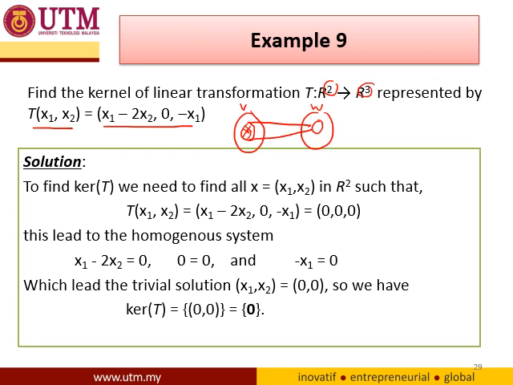Okay, so basically in the W it will be 0. So to find the kernel, you need to write this solution here from the equation that they give to us. This depends on the question. Sometimes they give you different types of equation, so the difficulty will depend on the equation itself. And then it is equal to 0. After the transformation, this should be 0, 0, 0, because we know that for kernel, if we transform it, it will be 0 in the W.